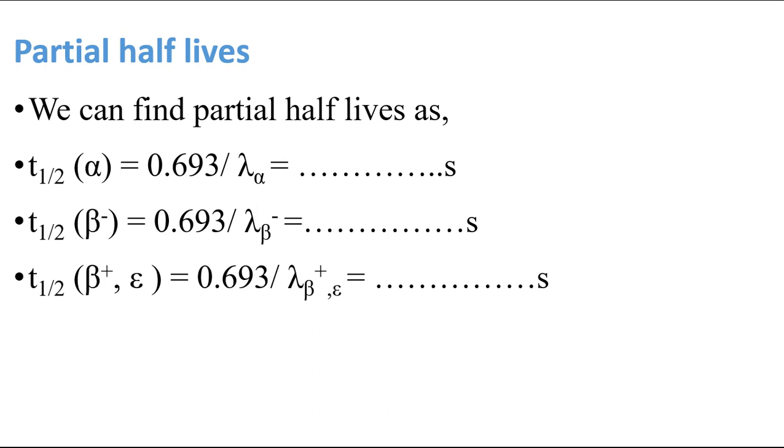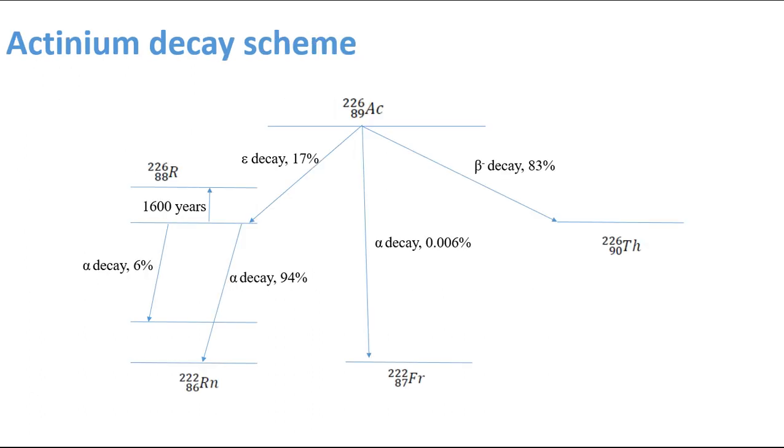Similarly, you can do this for the beta minus decay: put in the value of the partial decay constant of beta minus decay, and you can find the partial half-life for this mode. And similarly, the partial half-life of beta plus and EC electron capture can be calculated in a similar way.